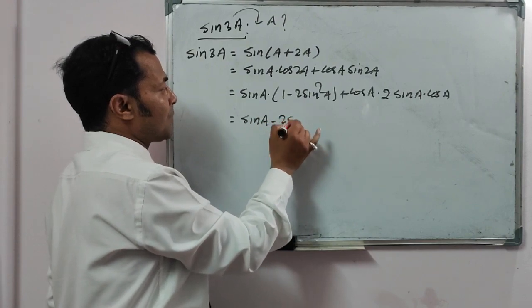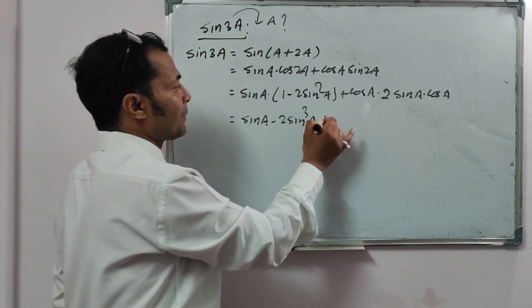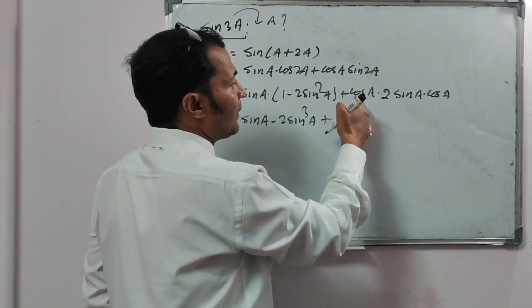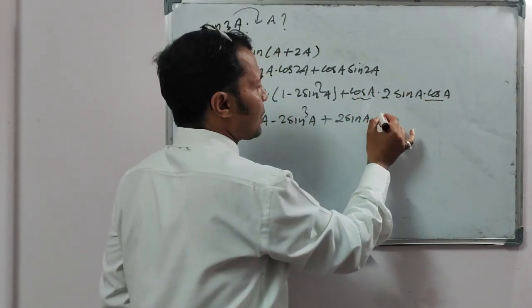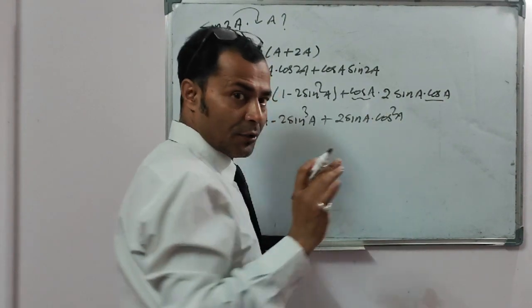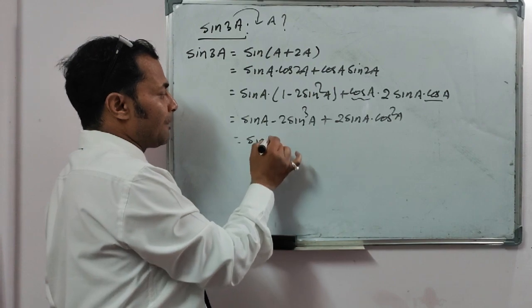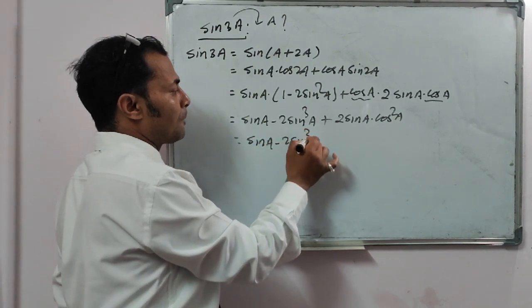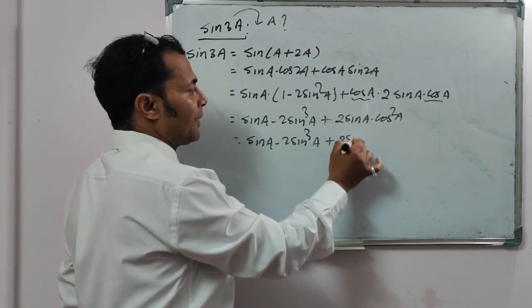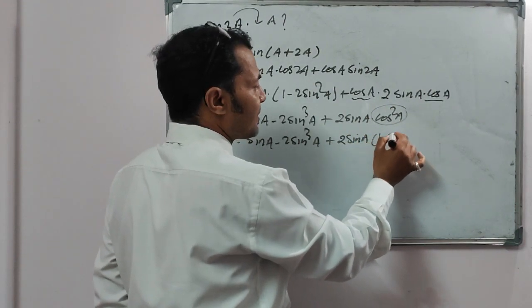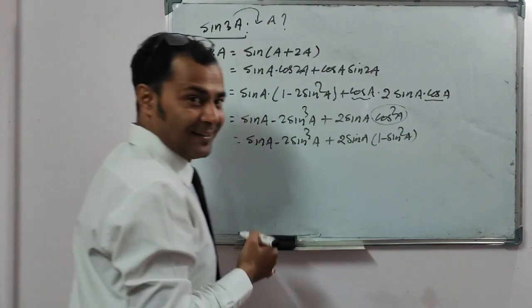Sine A minus 2 sine cube A plus, now look here, 2 sine A remains as it is, okay, but cos and cos means that is cos square A. Alright, hope you guys understand. Well, sine A minus 2 sine cube A plus 2 sine A, and here I'm going to change this as 1 minus sine square A, right?